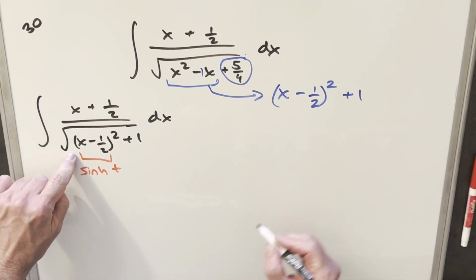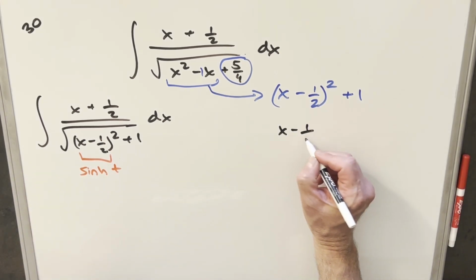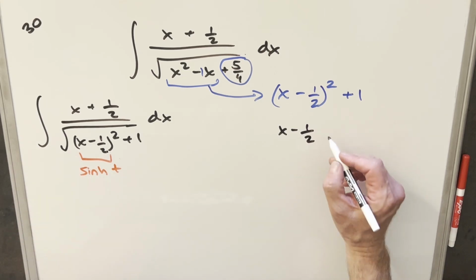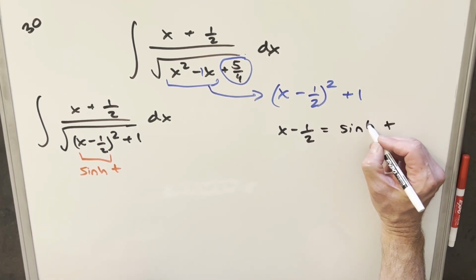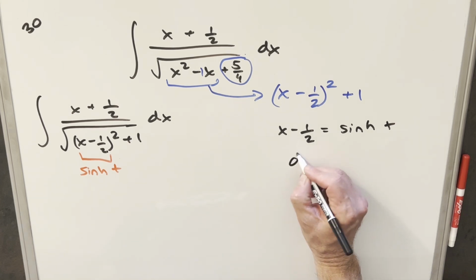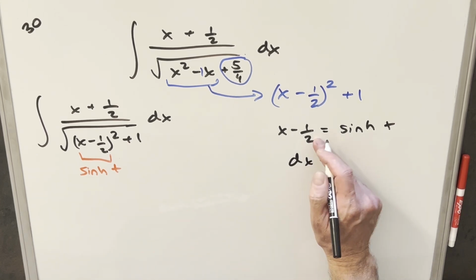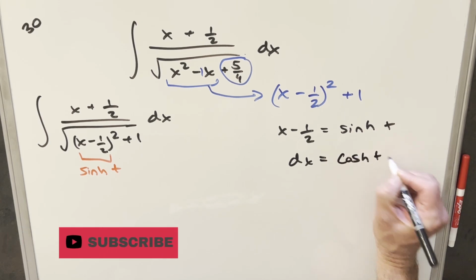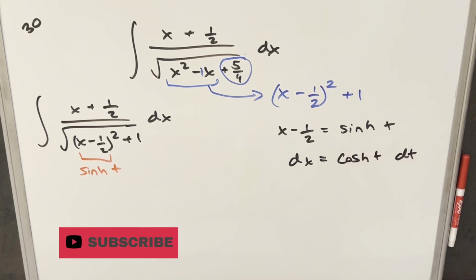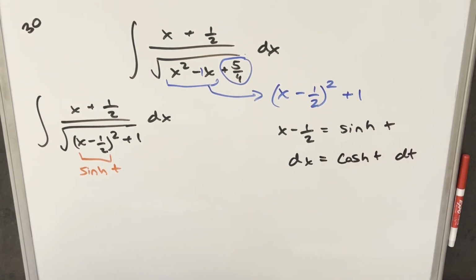We're doing x minus 1/2 is going to be sinh of t. Take a derivative here, so we end up with dx, because minus a half's derivative is just 0, and the derivative here is going to be cosh t dt. Before we do the substitution, we can get a couple other values.